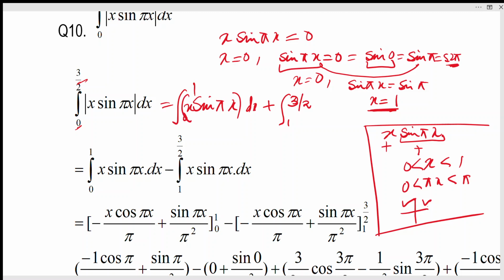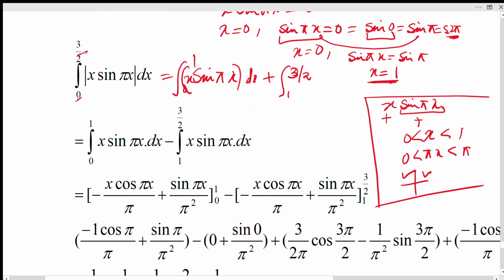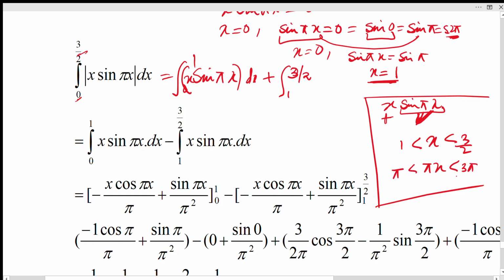Now when it is from 1 to 3/2, x will be positive, and I have to check whether sin(πx) will be positive or not. When x is from 1 to 3/2, multiplying by π, πx will be from π to 3π/2. π to 3π/2 means the third quadrant.